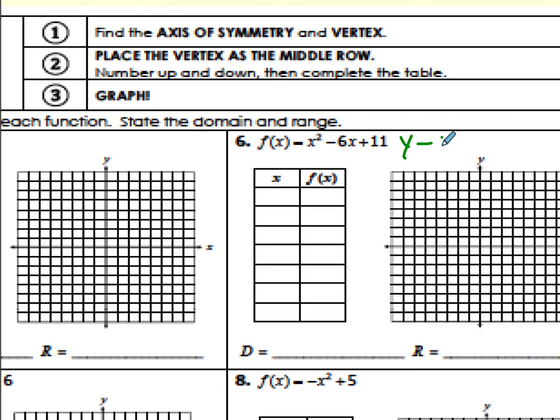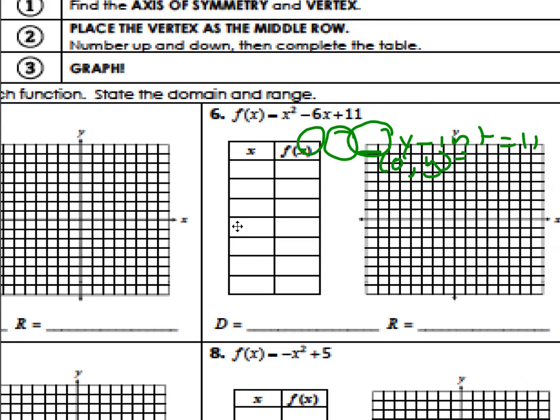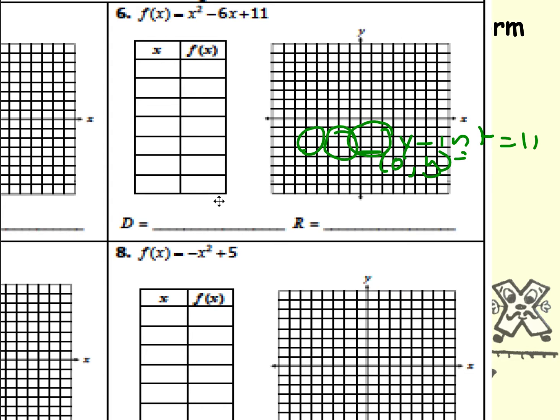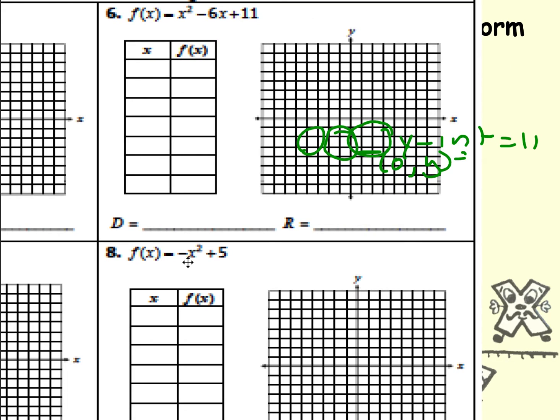The y-intercept is the value of y when x is 0. So if I plug in a 0 for that x and a 0 for that x, what I'm left with is 11. And if I go to this one down here, and I plug in a 0 for the x, I end up with a 5.